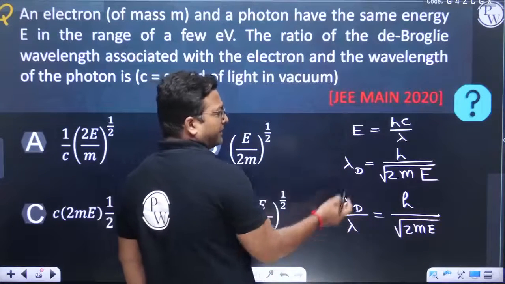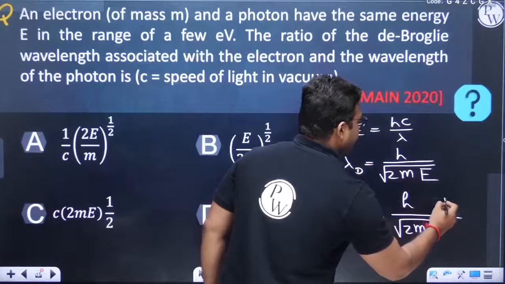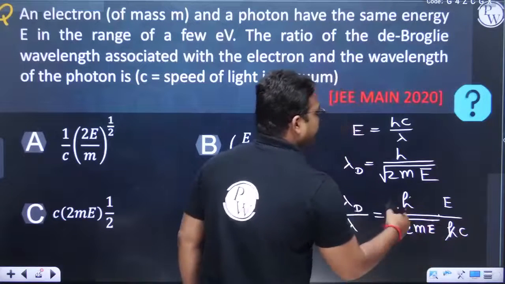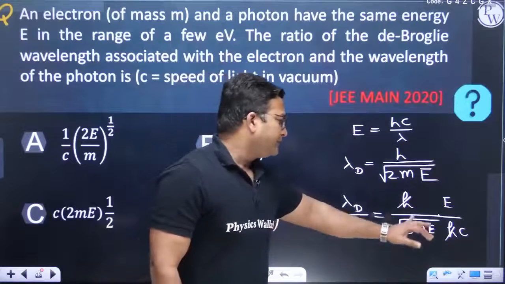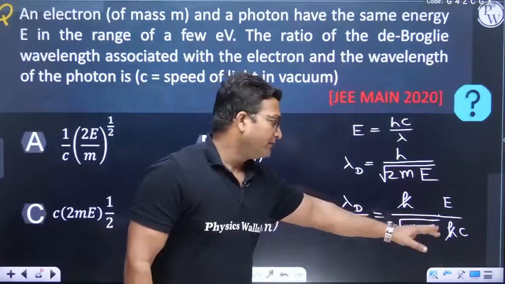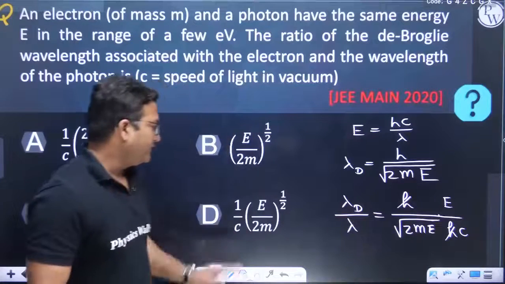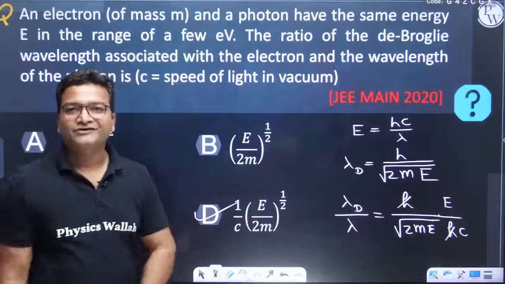Obviously, can you see 1 by lambda is E upon hc. So 1 by lambda is E divided by h times c. So cancel this h, and you can easily see that the ratio is going to be root E by root 2m and 1 upon c. So clearly D is the perfect choice.